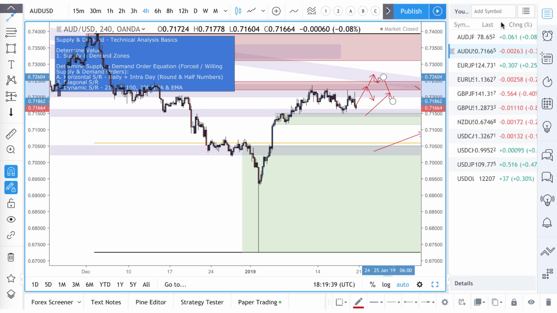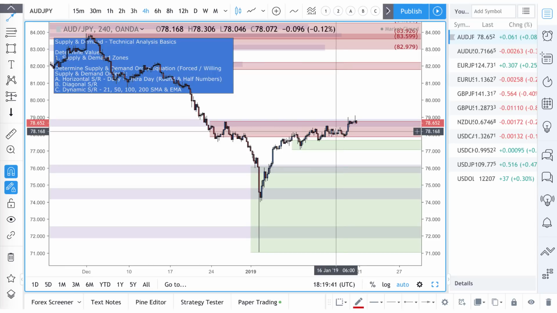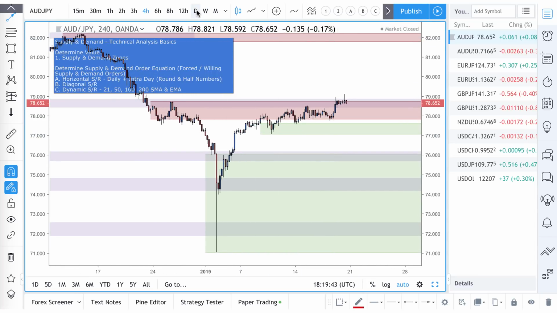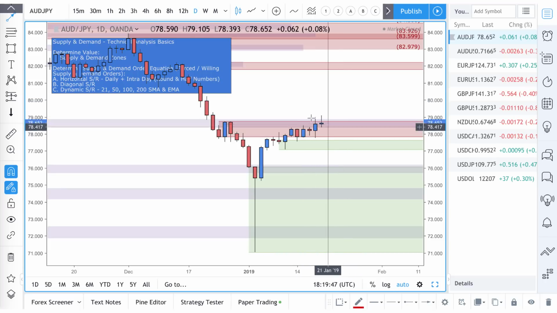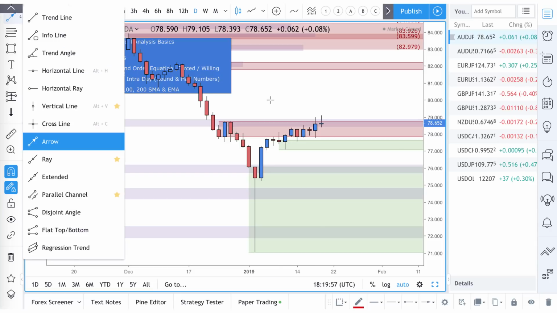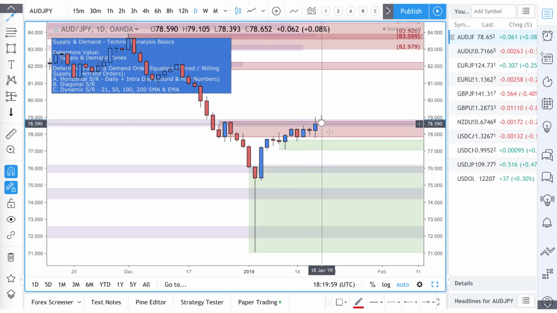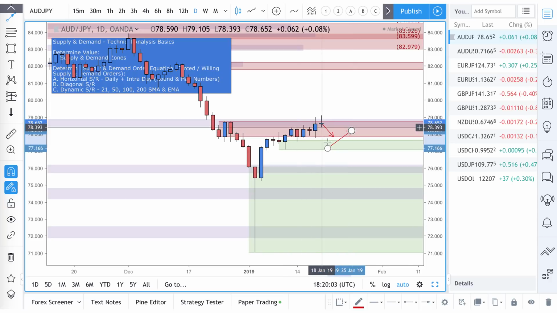So let's go to dollar yen, and let's go to the daily. So the supply zone at the moment is still holding. Yeah, I think we still got a potential shorting opportunity right now, and there's your buying opportunity.